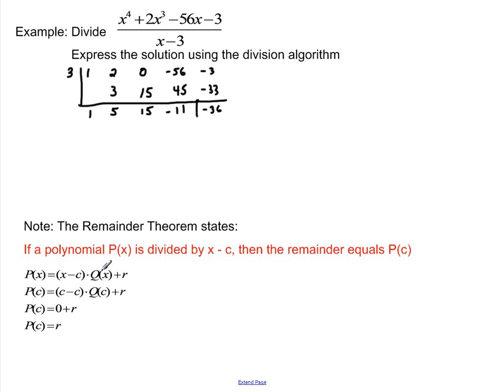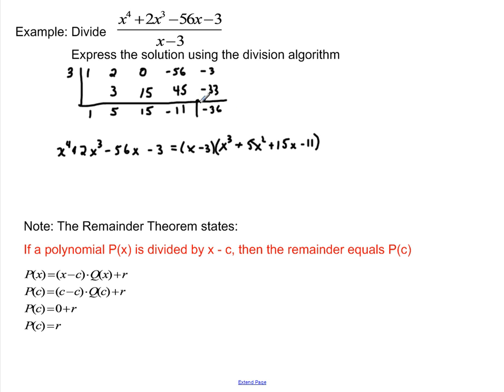What we found by this division algorithm right here is that p of x, x to the fourth plus 2x cubed minus 56x minus 3 is exactly equal to x minus 3 times, from our quotient right here, we divided by x minus 3, so we're going to get x to the third plus 5x squared plus 15x minus 11.